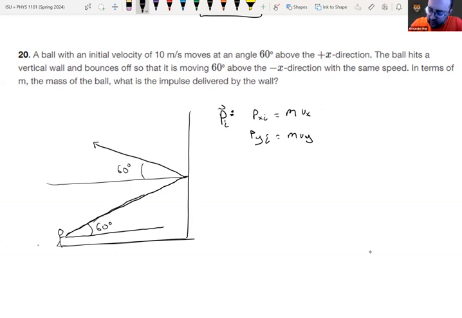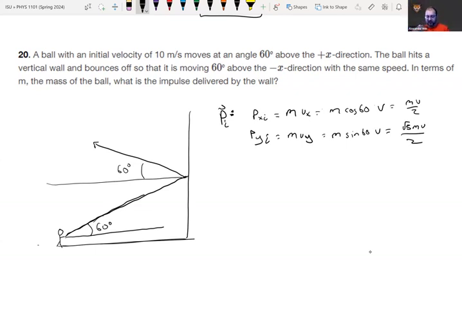So it'd be m cosine 60 times v. And then this would be m sine 60 times v. And this would end up being mv over 2. And this one would end up being square root 3 mv over 2. Okay, so that's basically what we have there.